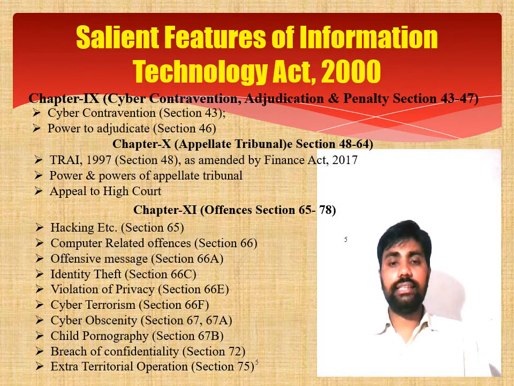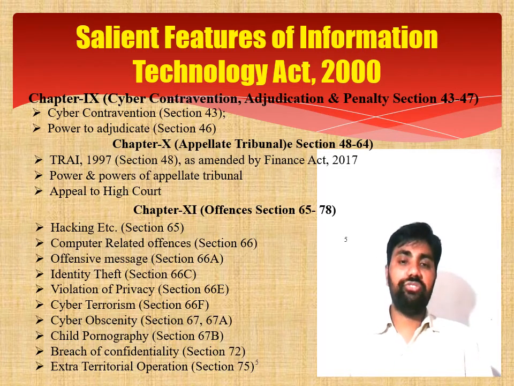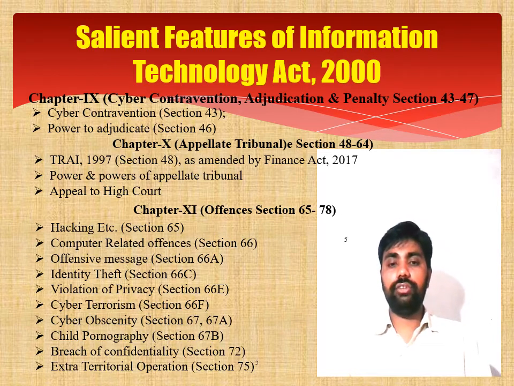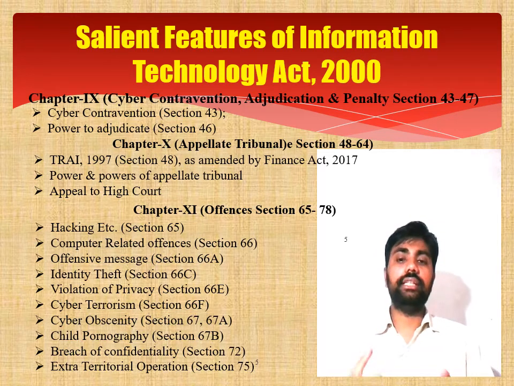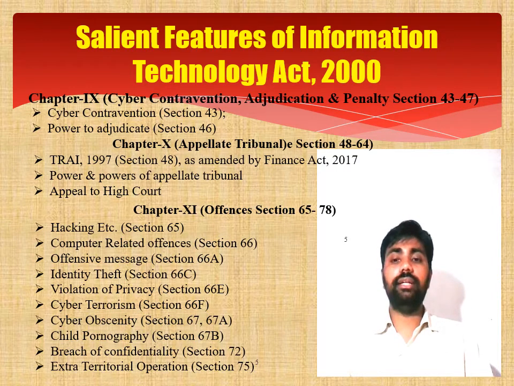Child pornography is defined under section 67, and the punishment is given under section 67B of the Information Technology Act. Breach of confidentiality is given under section 72, and extraterritorial operation is given under section 75. Our act has extraterritorial operation, and it has validity from Article 245 clause 2 of the Indian Constitution, which says no law shall be deemed invalid only on the ground that it has extraterritorial operation.